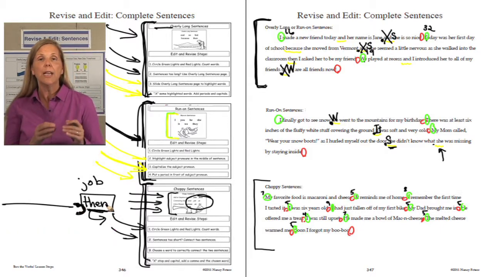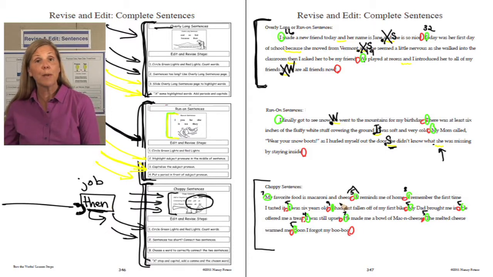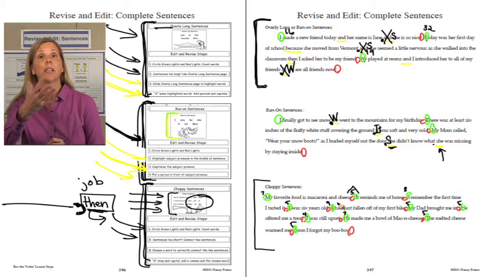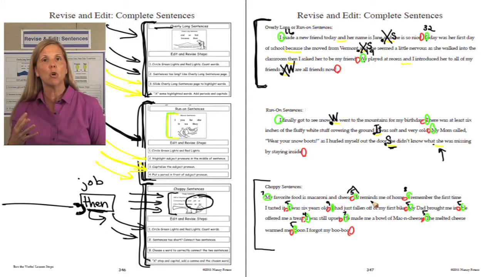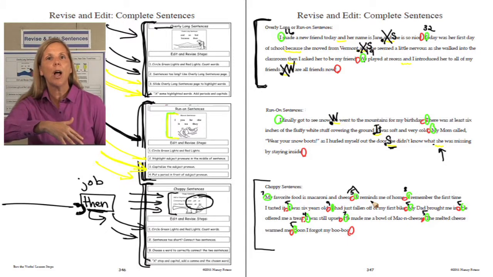We now go to our sentences we're going to read. We'll read them in 2s. If I think the second sentence is going to tell me the reason why, an opposite, or is going to sequence, then we can connect those two together using one of our words. My favorite food is macaroni and cheese. That sentence is telling you my favorite is macaroni and cheese. The second sentence is saying it reminds me of home. It's telling me the reason why it's my favorite food.